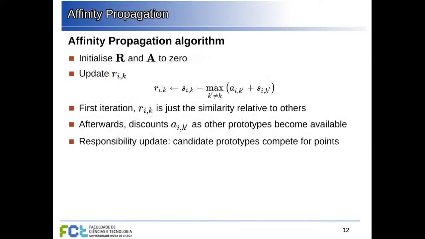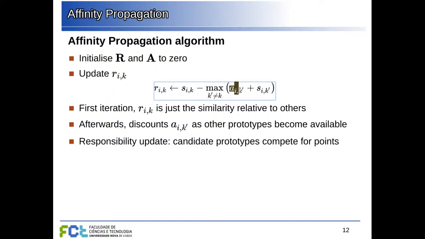So the algorithm starts by initializing R and A to 0, so the responsibility and availability start at 0, and we only have the similarity matrix. So now we start by updating the responsibility by looking at the similarities and subtracting the similarities to other points.